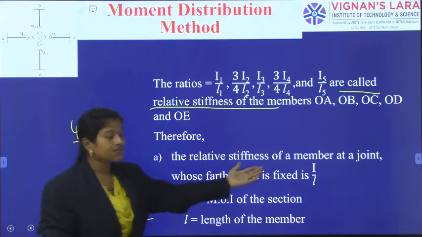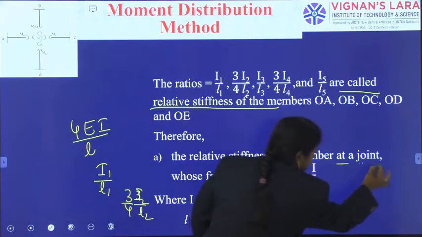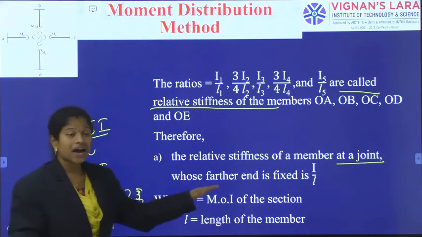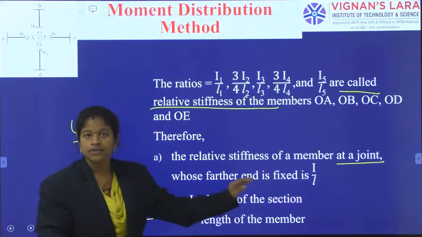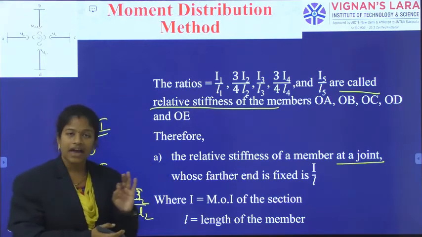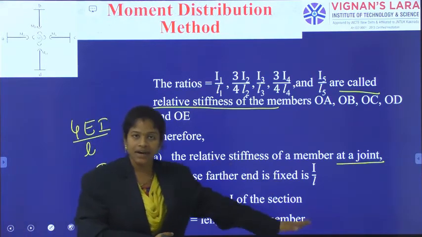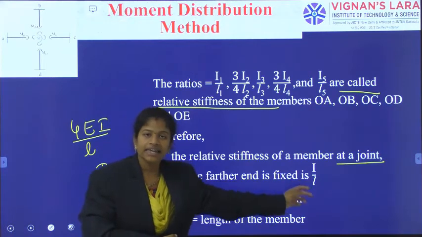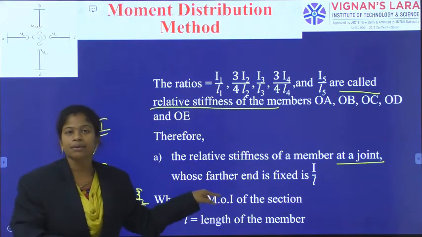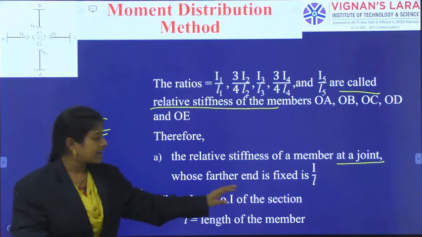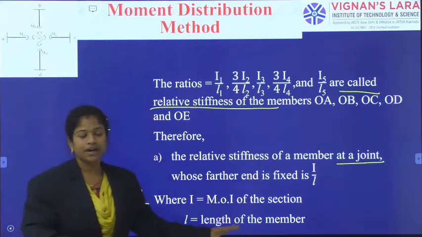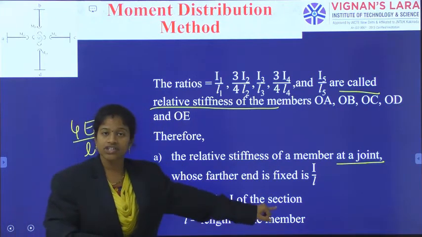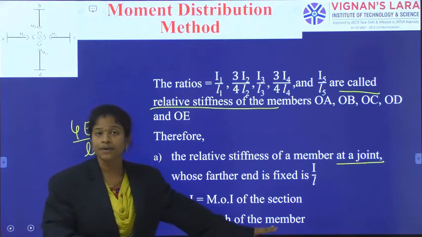Therefore, the relative stiffness of a member at a joint whose farther end is fixed is equal to I by L. What is this I? I is the moment of inertia of the particular member whose stiffness I am calculating, and L is the length of the particular member.